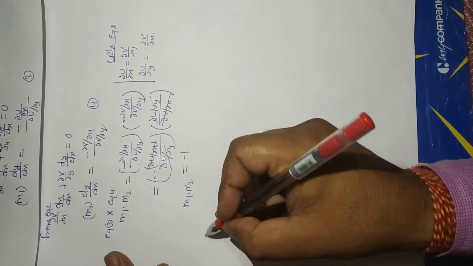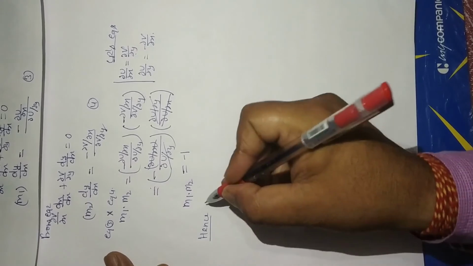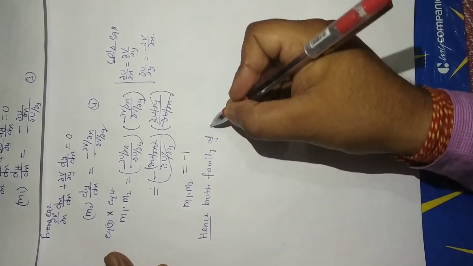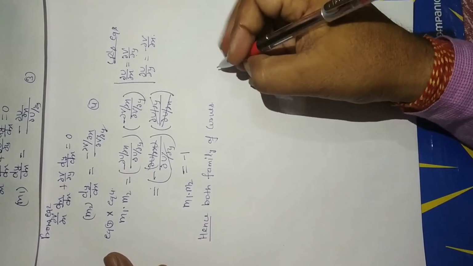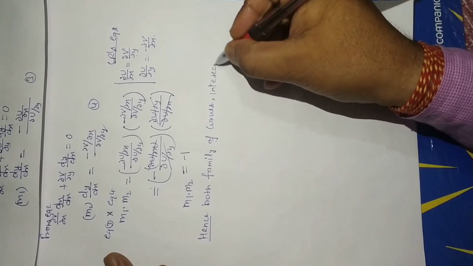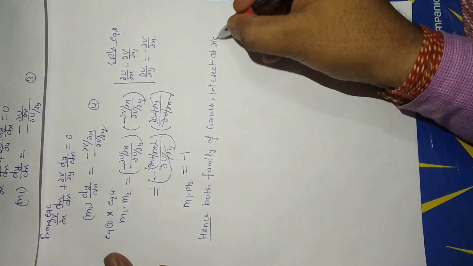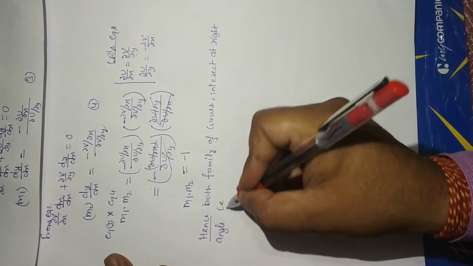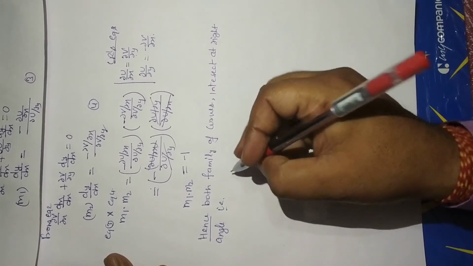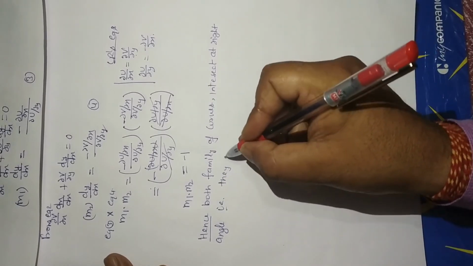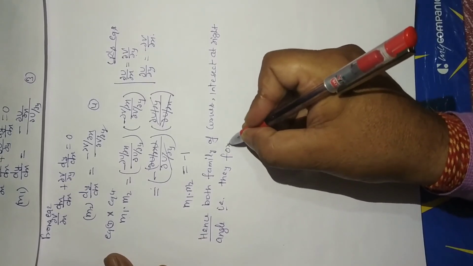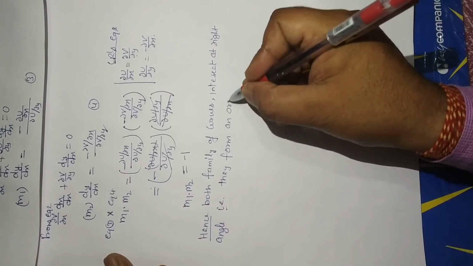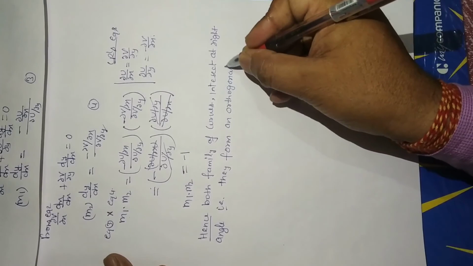Hence both families of curves intersect at right angles, that is, they form an orthogonal system.